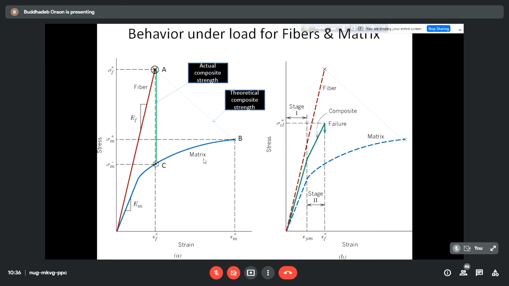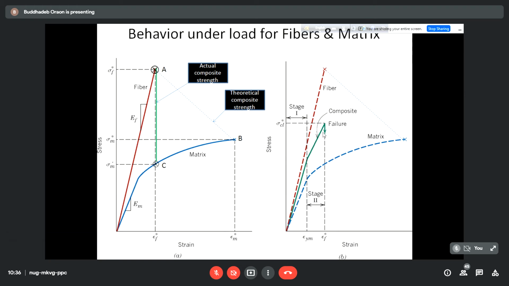Now what we are doing is mixing these two components to form the composite material, and now we are trying to apply the load. If you see the right hand diagram, we are seeing the composite stress strain diagram. Here also we have shown the matrix and the fiber separately by dotted lines, but the composite pattern is denoted by these green lines.